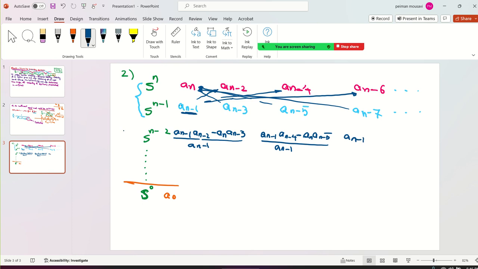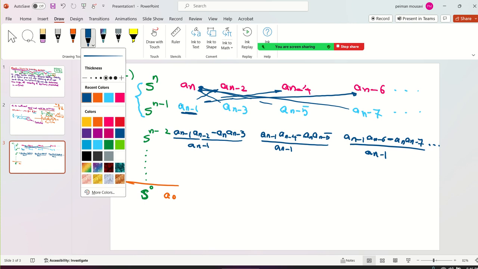An minus 1, an minus 6 minus an minus 7 divided by an minus 1. And continues as long as it continues. You got it? Next line.